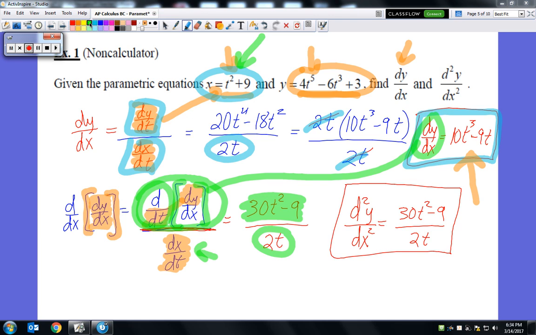And then nothing is going to factor out and cancel, so your second derivative is going to be 30t^2 minus 9 over 2t. And you see that it was taken with respect to x, but written in terms of t. That's what's different about these parameters. They're not written in the terms that they're taken with respect to, per se.